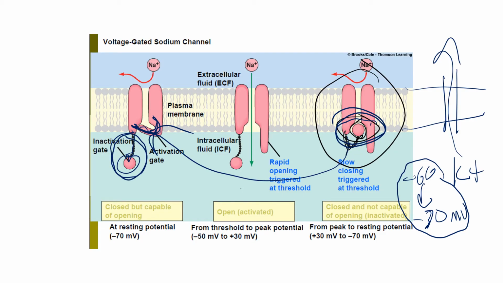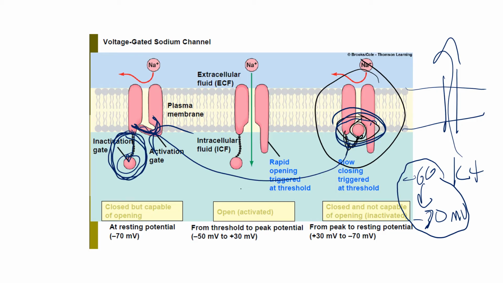And what this means now is that if you can get the hillock back to threshold of negative 55 millivolts, then the voltage-gated sodium channels will open again. Because you're back to the original orientation at the beginning, where the inactivation gates are open.